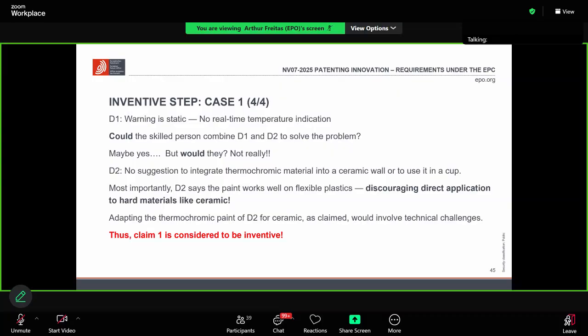So because the combination is not very solid, yes, it has all the features, but combining seems challenging. In that case, I would give it to the applicant. The claim would comply with Article 56 in view of the available prior art.